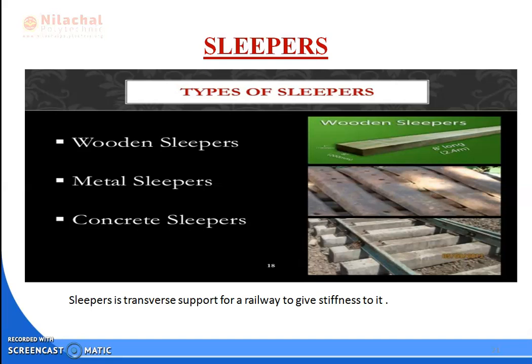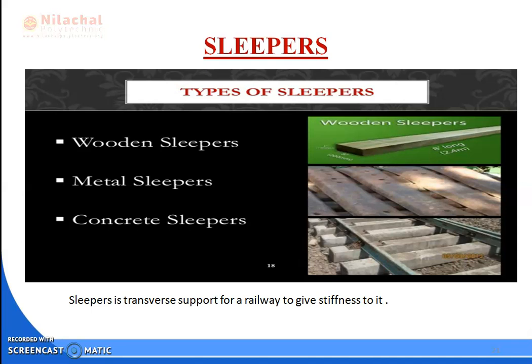In our India there are so many places, and the climatic conditions are very different. Where it is rainy season, in the rainy season the places are dense areas. So in those places, whenever we use wooden slipper, it will be damaged more. So it is difficult to use wooden slipper all over India.